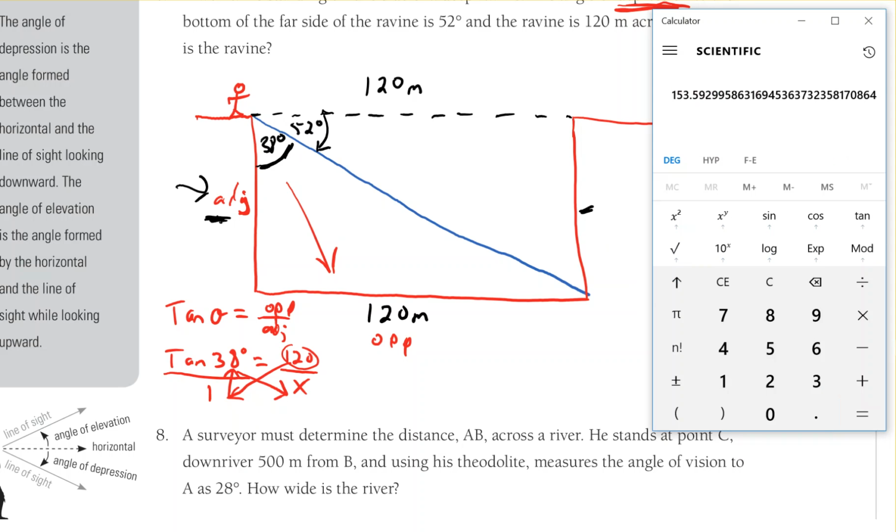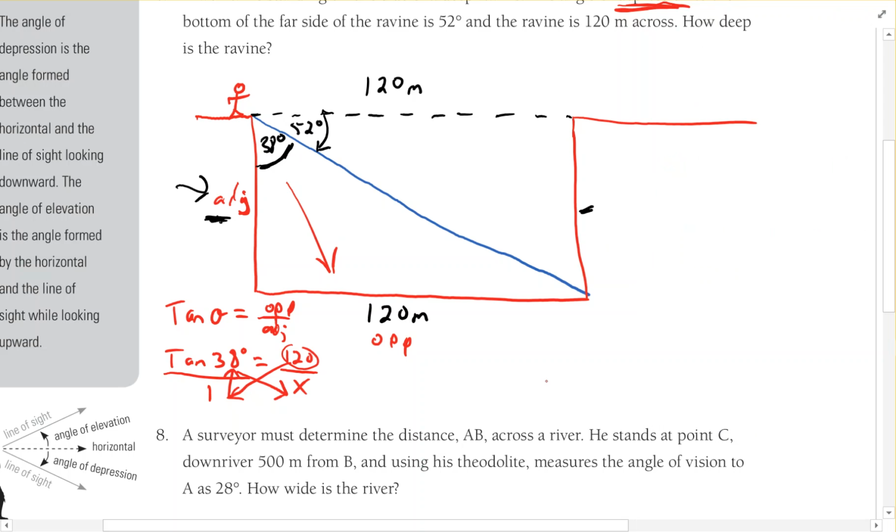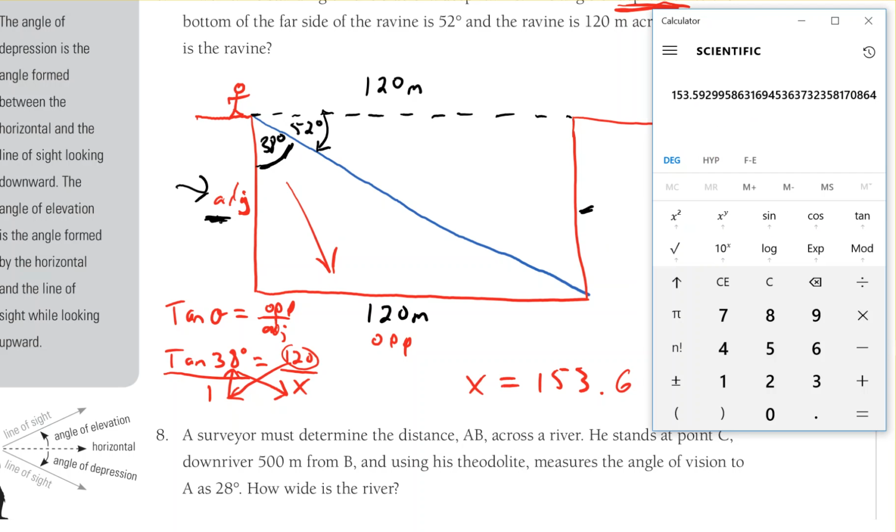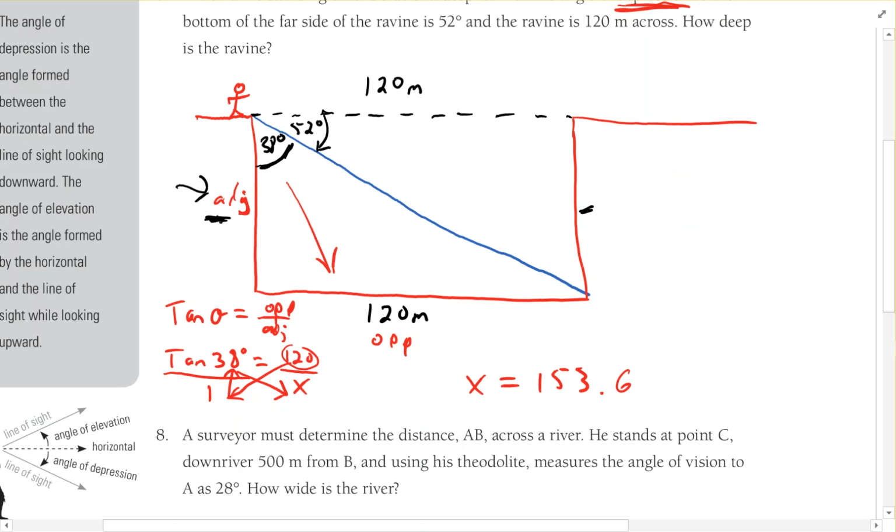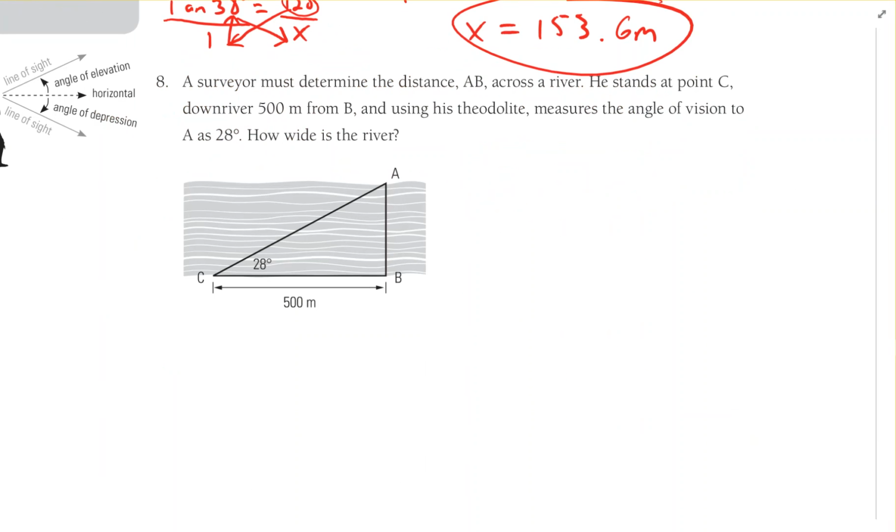So I go equals, and it's going to be 153.6. So the side length there, I'll say x is going to be 153.6 meters. Okay, and that's it. All right, moving on.